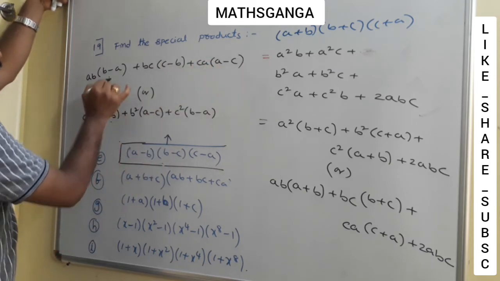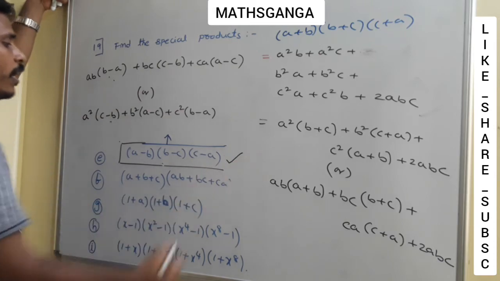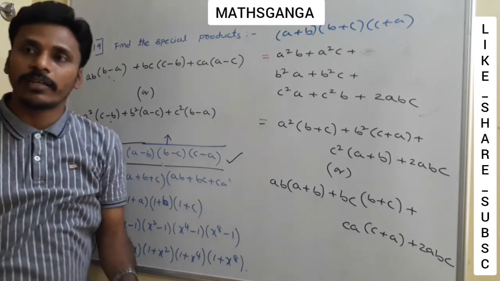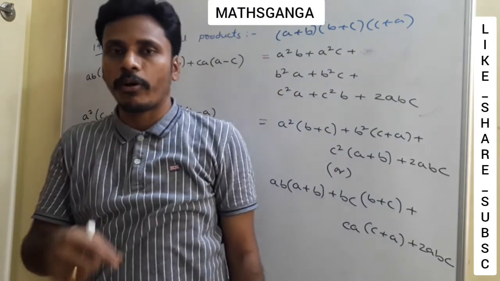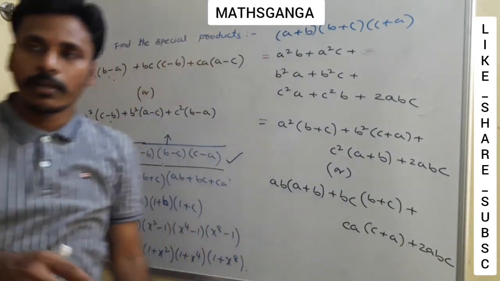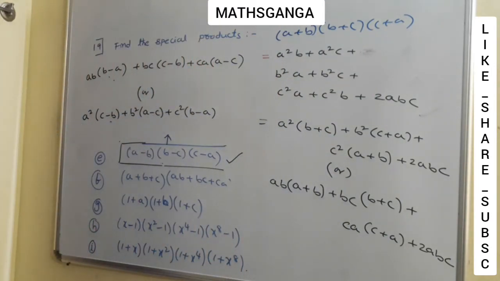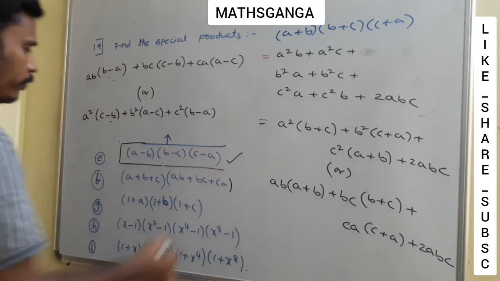These two are equal and these two are equal to this product (a minus b) times (b minus c) times (c minus a). All these are very helpful and important products to memorize. Just observe it. This is all very simple. By usual multiplication we have a chance to identify all these things.